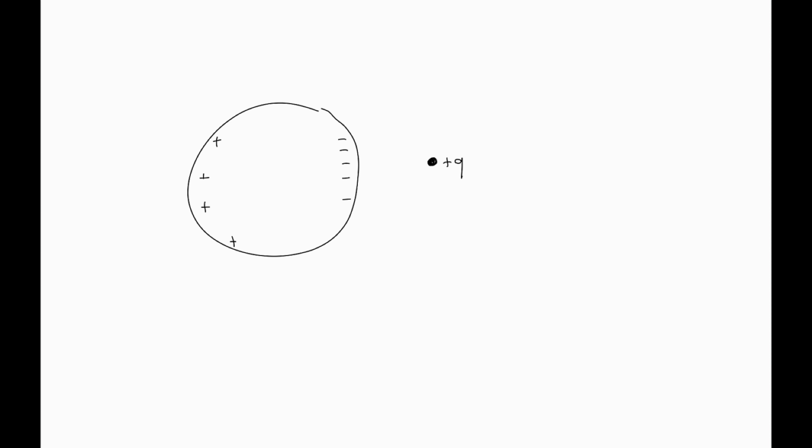And the reason for that is, right, we need to cancel out this electric field from this positive charge inside the conductor, but that electric field is, of course, dropping off like 1 over r squared.